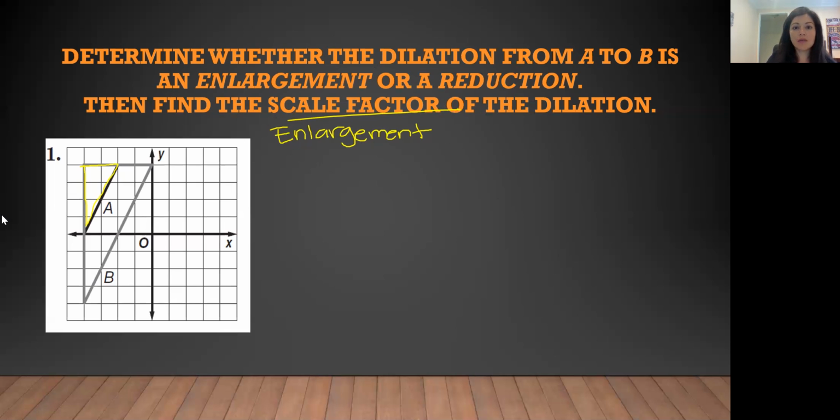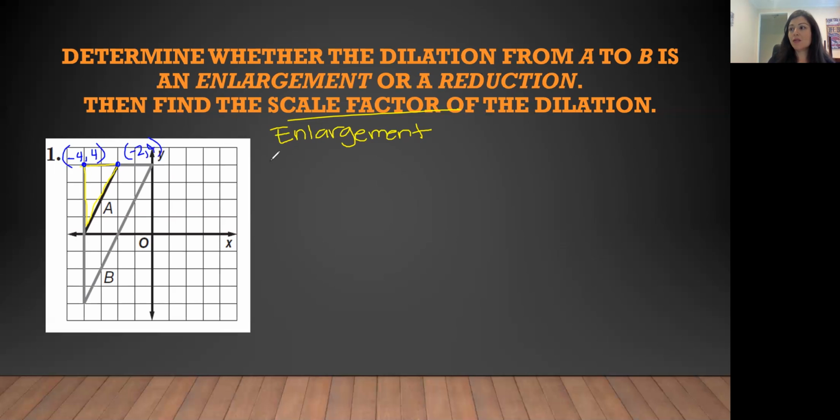If I'm looking at triangle A, I'm going to look at this vertex and this vertex. This one is -4, +4. Those are the coordinates. And then over here to this point is -2, +4.